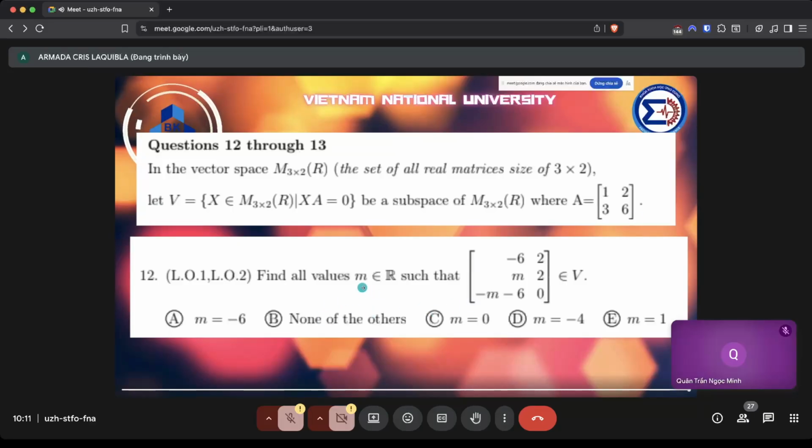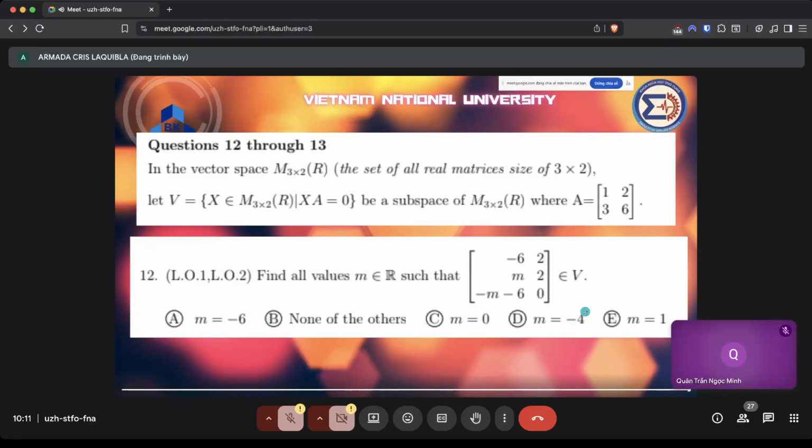We have to find the value of m such that this one should be an element of the V there. So we have to multiply this with A, and the answer should be 0. So if this is, for example, y, so y times A, if this is 0, then your y is an element here in your V. Okay? Just an example, if we label it with matrix y here.